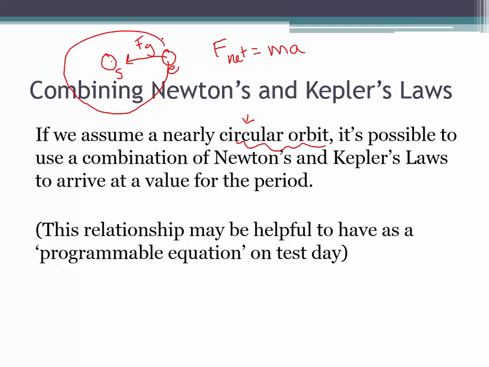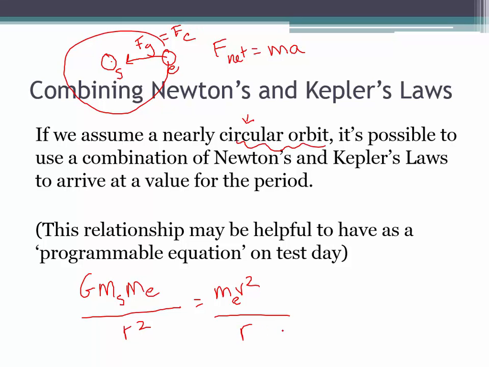But this gravitational force is also doing double duty as the centripetal force, keeping the Earth going in a circle. So I'm going to say G, mass of the sun, mass of Earth, over r squared. And this gravitational force is equal to the centripetal force, which is m Earth v squared over r.